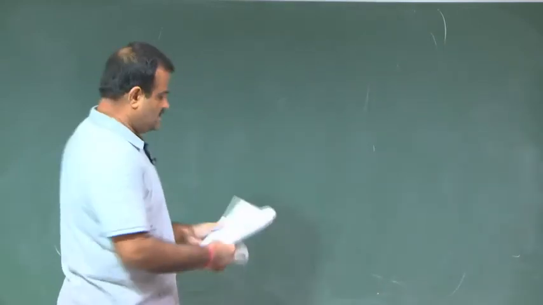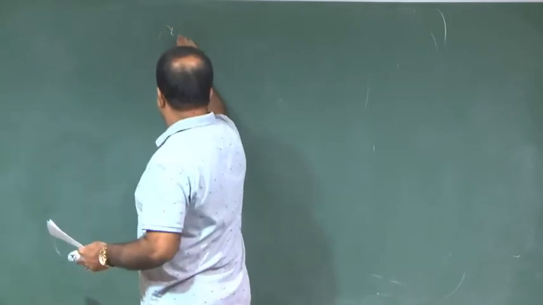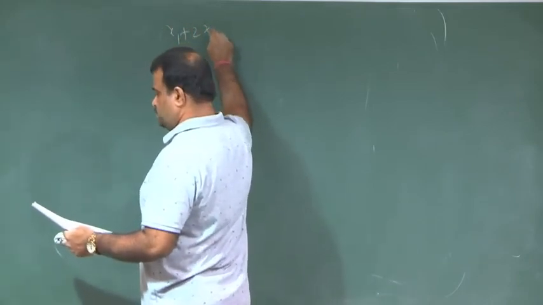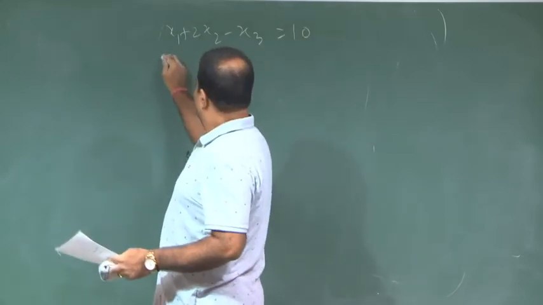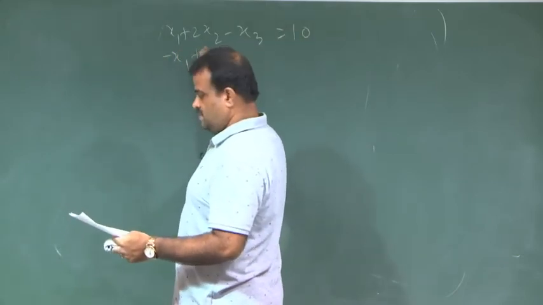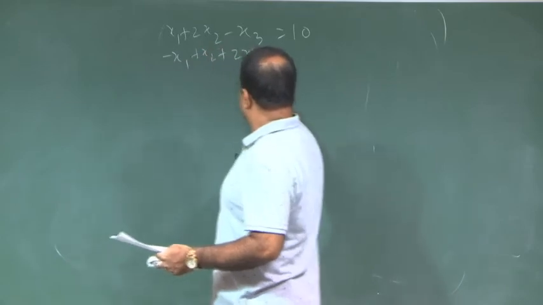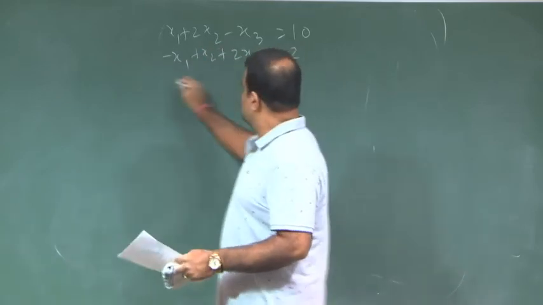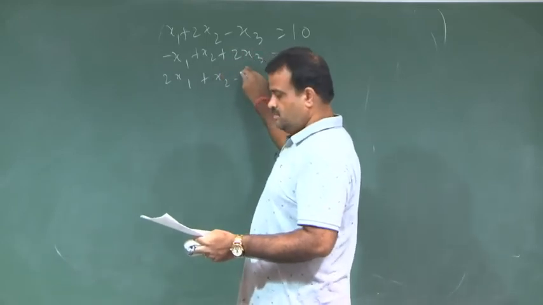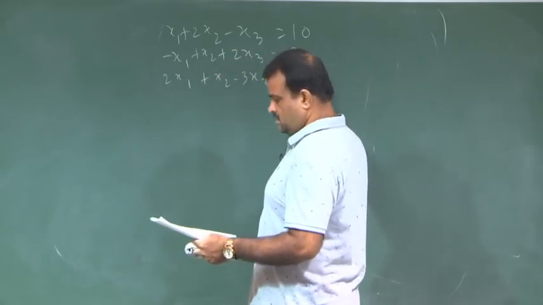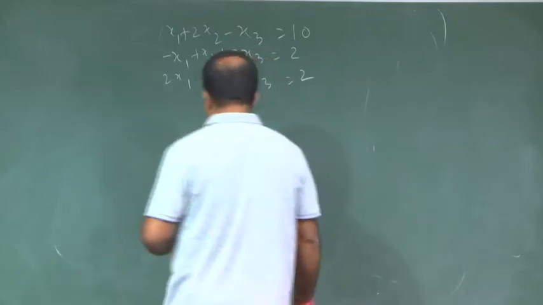Just a quick example: x1 plus 2x2 minus x3 equal to 0, minus x1 plus x2 plus 2x3 equal to 2, 2x1 plus x2 minus 3x3 equal to 2.